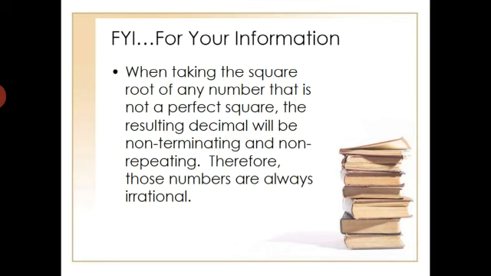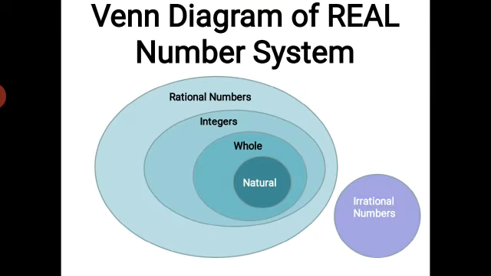Therefore, those numbers are always irrational, which means that apart from the perfect squares 4, 16, 36, 25 and so on, for any other number not in this category, the square root of that number will result in an irrational number.